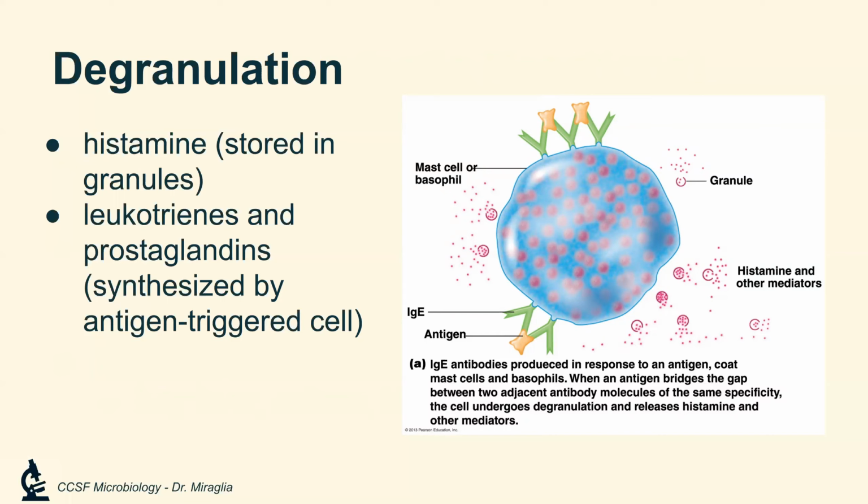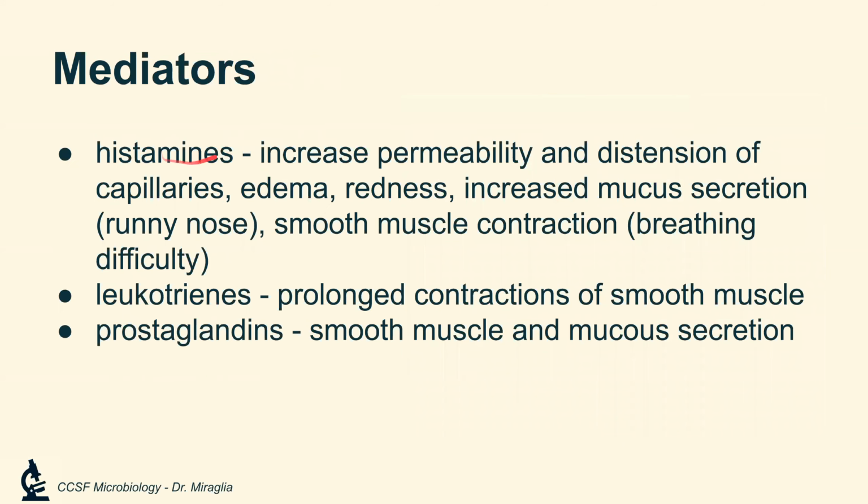Prostaglandins and leukotrienes can have the effect of smooth muscle contraction. So you see bronchial constriction, and people begin to have a much harder ability to breathe. It might trigger an asthma attack. All of that is triggered by the release of these inflammatory mediators. All right, so here we have them: histamine, leukotrienes and prostaglandins.